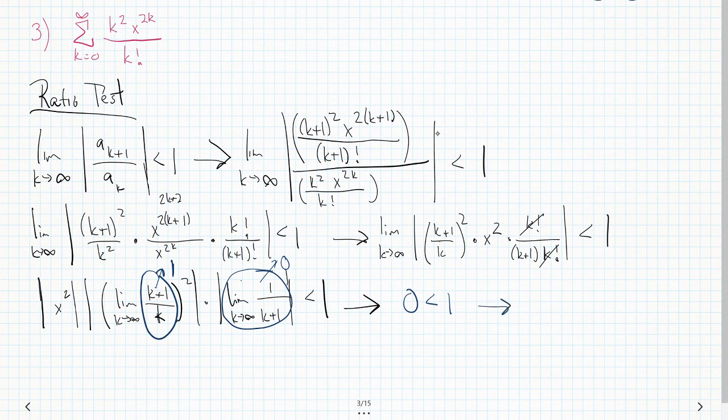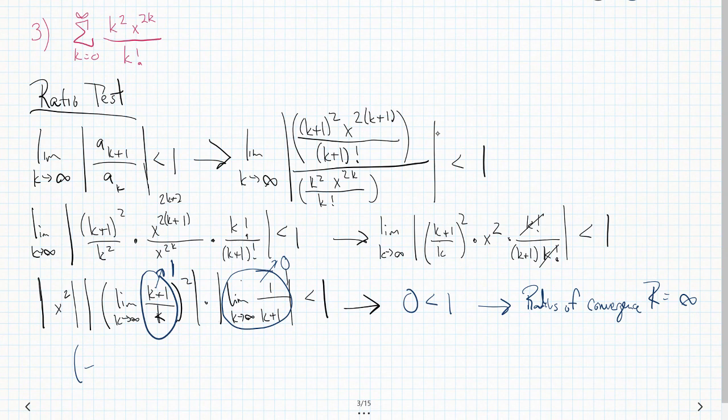So what that tells us, that's a big piece of information. In terms of the radius of convergence, if you get the whole limit goes to 0, that tells you right away that r equals infinity. Okay? If r equals infinity, then what happens?